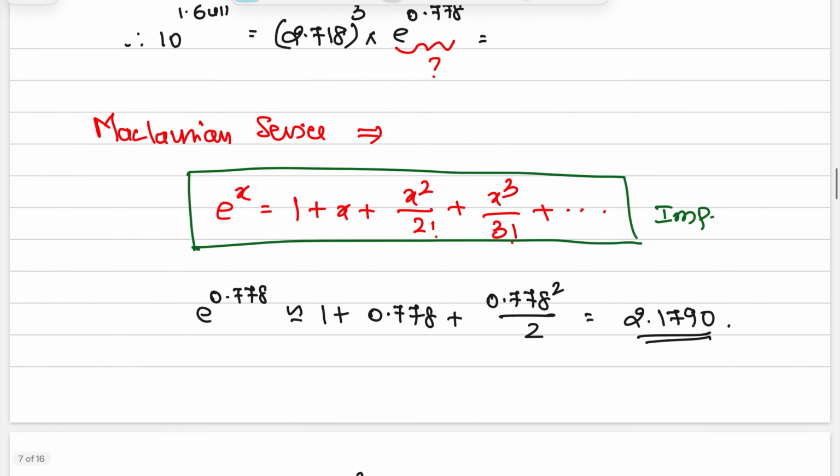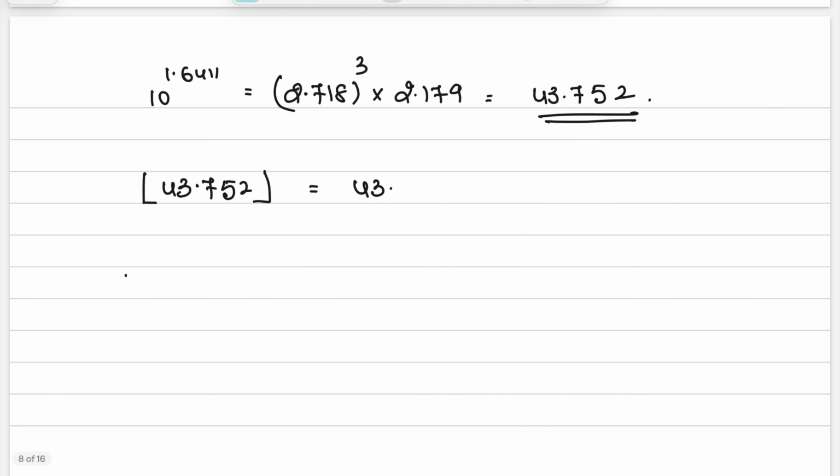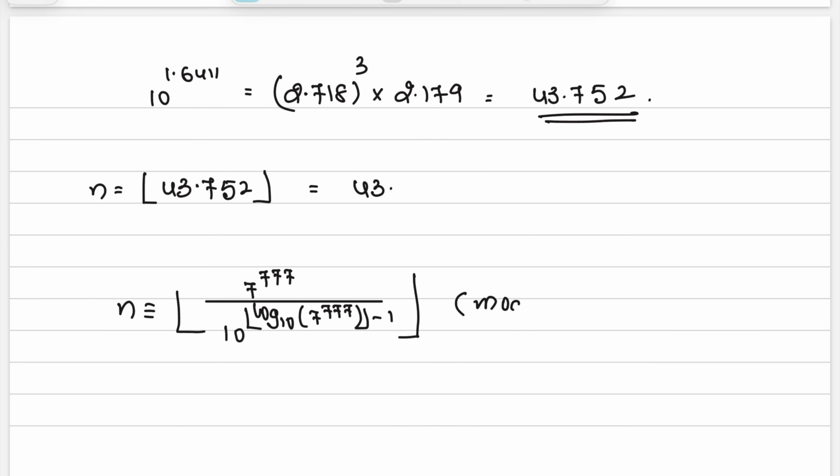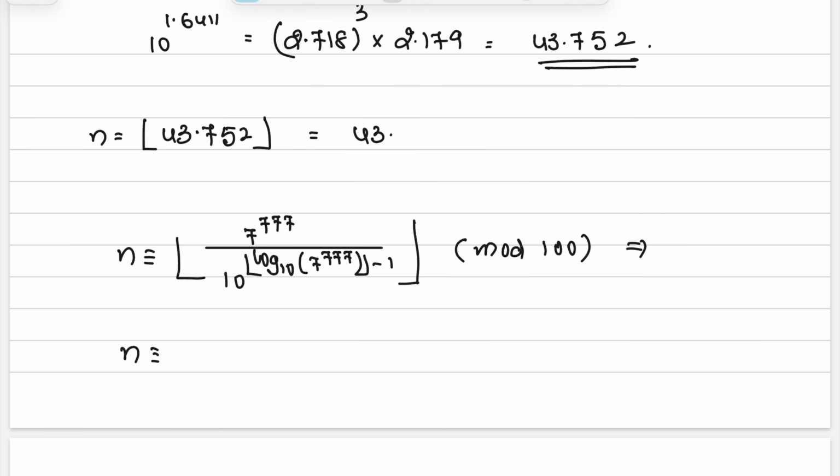The final answer: n is equivalent to the floor function of 7 to the power of 777 divided by 10 to the power of floor function of log to the base 10 of 7 to the power of 777 minus 1, floor function, mod 100, which can be written as n equivalent to 43 mod 100.